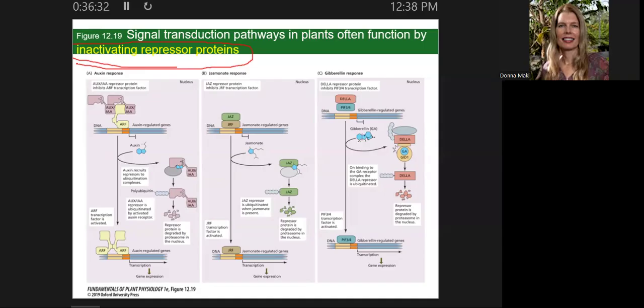What we're thinking of is at the level of the DNA. So that's what you see here. This is a DNA strand. And you have this weird looking peach colored, tan, pink thing. That's your repressor protein.